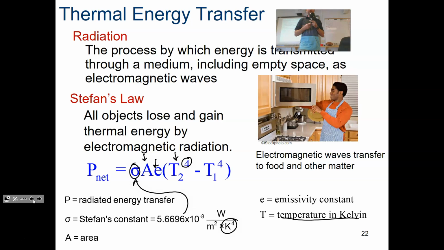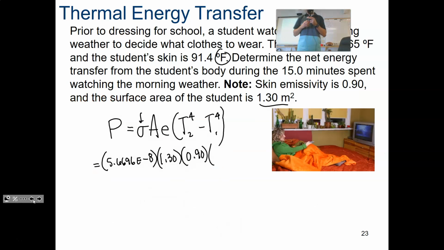Really important. You can't use Fahrenheit in this problem. You have to use Kelvin. So I just went on Google and I Googled what is 91.4 degrees Fahrenheit in Kelvin, and it's 306. And 65 degrees Fahrenheit in Kelvin is 291.